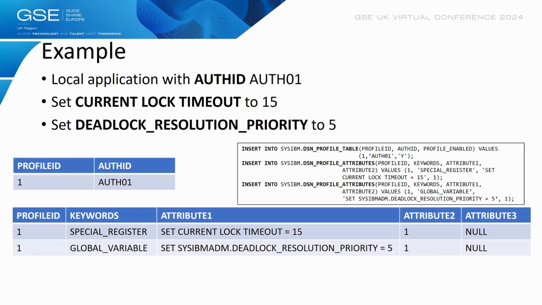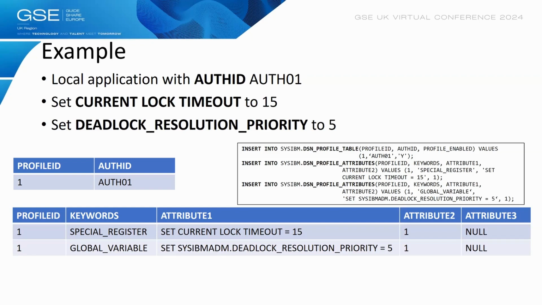Example here. So let's say I have a local application with auth ID auth01, and I want to set current log timeout to 15 and set the deadlock resolution priority to 5. So I have these 3 insert statements. The first one goes to the profile table where I define or identify my application. So this is simple. It will just be auth01. And the second and the third insert go to profile attributes, the profile table which contains what I want to happen.